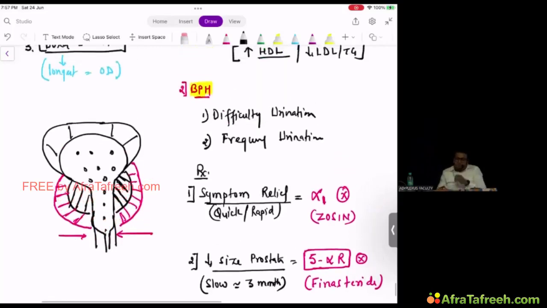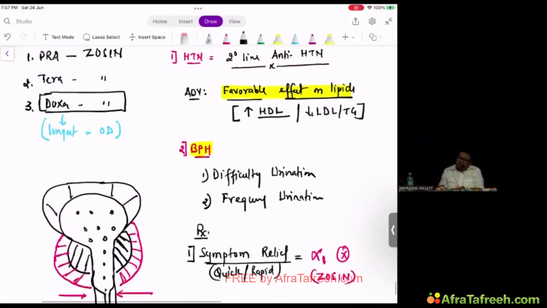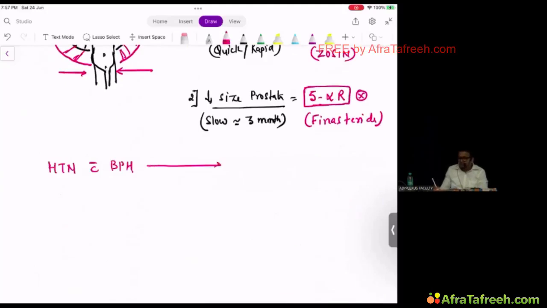So use of alpha blockers is in treatment of hypertension and in treatment of BPH. In treatment of hypertension, they are first line or second line? So now if you combine use number 1 and 2 and you are asked, a patient has hypertension with BPH, tell me the best antihypertensive. Now what will you say?